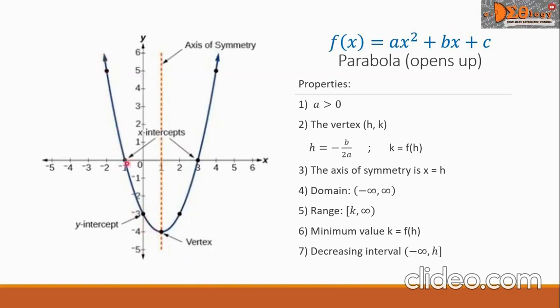So we can write the interval to be negative infinity, comma, h, and we use the square bracket. Likewise, for the increasing interval, this is the right side of the parabola. It is going up. And the interval notation for that is square bracket h, comma, infinity.